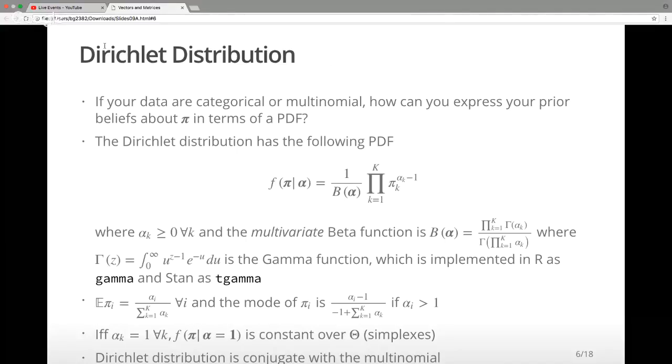Just like the beta distribution, if all of the shape parameters are equal to 1, then this PDF is going to be constant over the parameter space theta. And these vectors that are non-negative and add up to 1 are known as simplex vectors. You can easily see from the definition of the PDF that if all of the alphas are 1, then you're just raising pi to the 0 power, which is just 1, in which case this is just going to be a constant PDF.